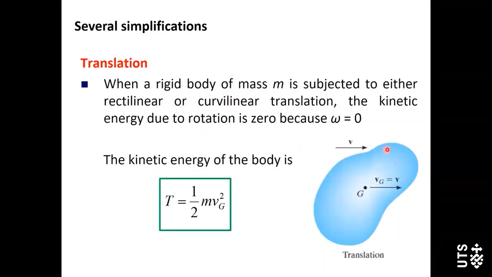This rigid body is undergoing translation. This means the angular velocity of this rigid body is 0. So when we calculate its kinetic energy, we only have this translation component.